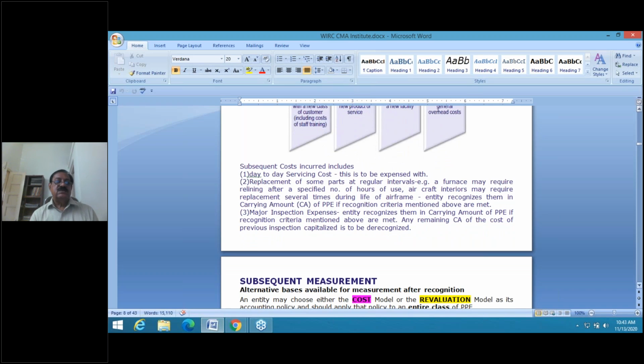Then subsequent cost incurred, day-to-day servicing cost. This cost will always be expensed as repairs and maintenance cost.